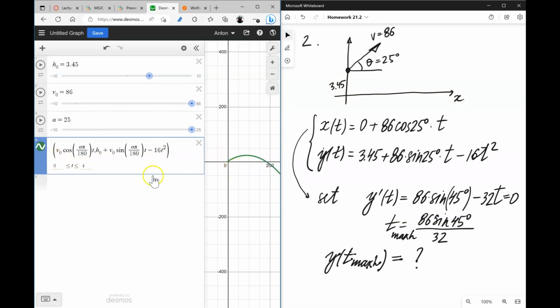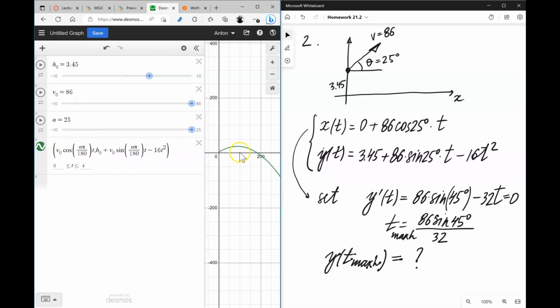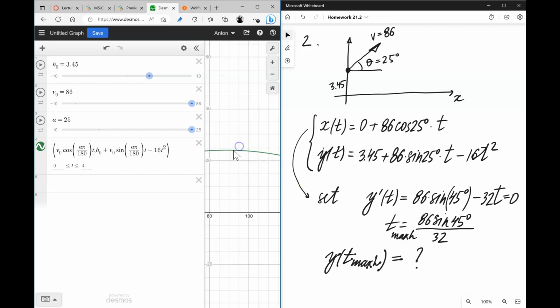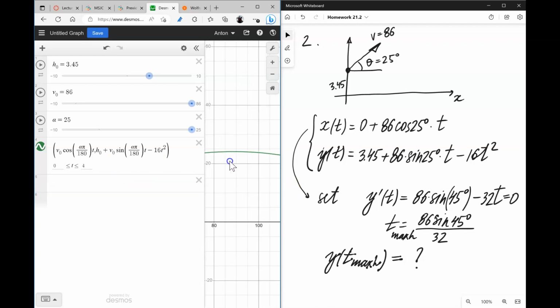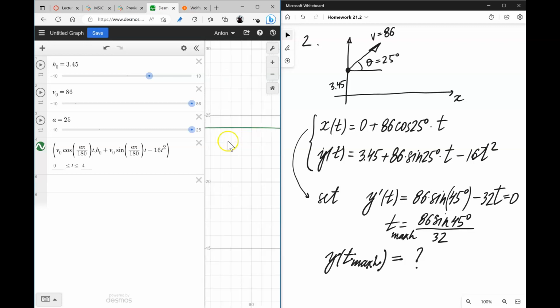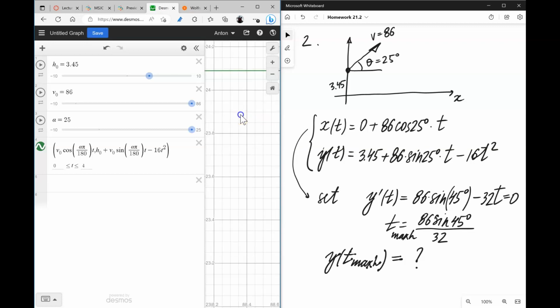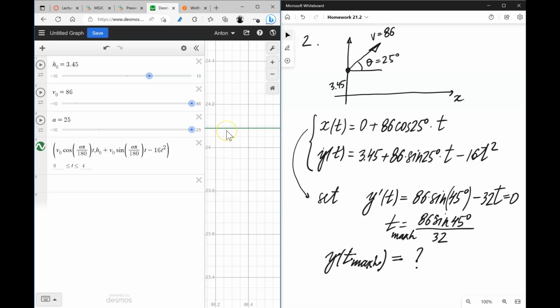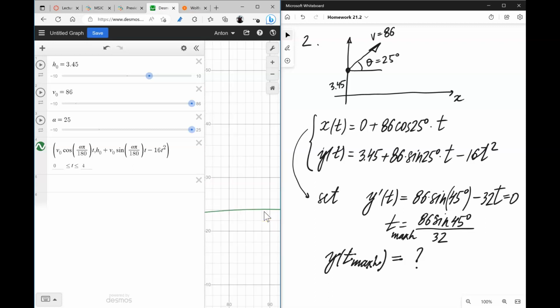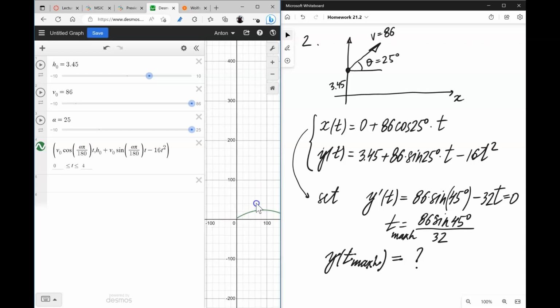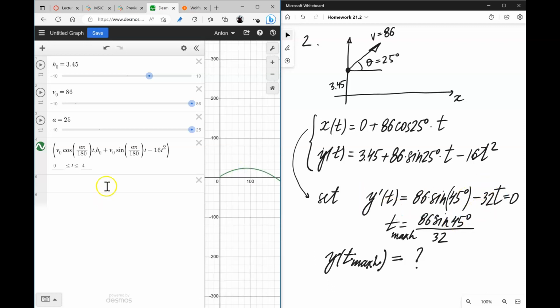So this is the graph, and we need to find where it reaches its maximum, right? On one hand, we can just look at the graph and evaluate the maximum to be around 24.08, something like this. But to do it analytically, we're actually going to first solve this equation.